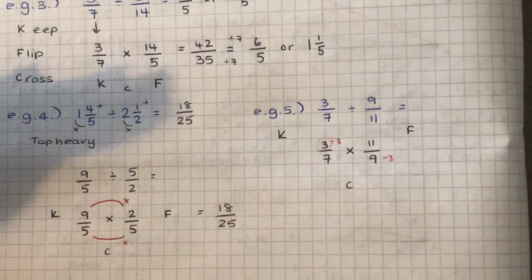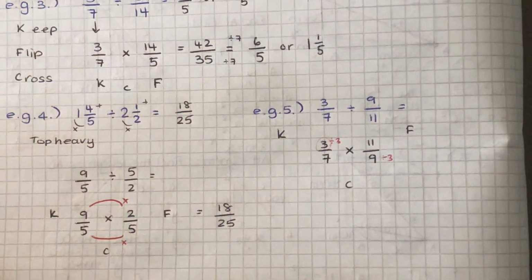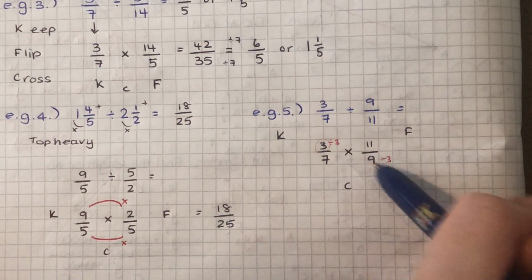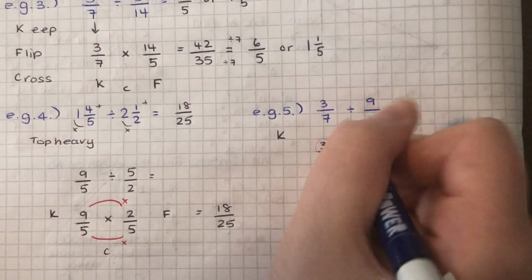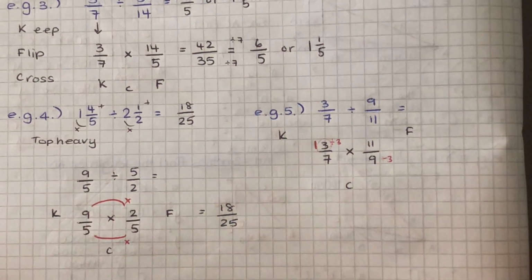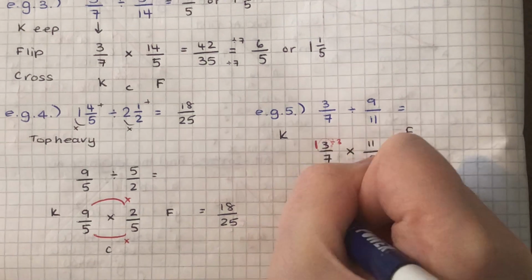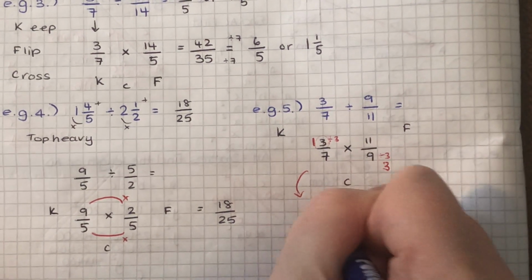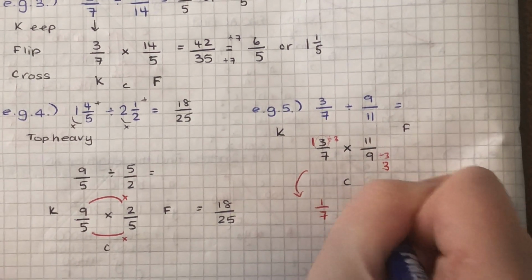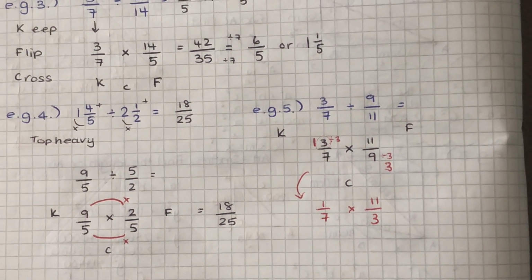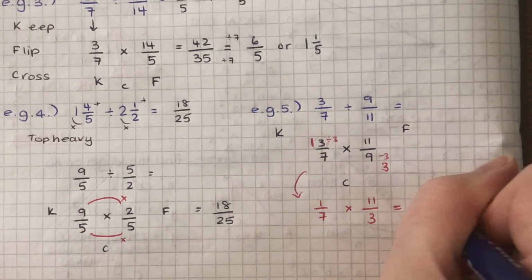So you can do one thing to the top and the bottom, which is what we do when we're simplifying. Because 3 goes into both of those, if I divide them both by 3, I'll now have 1 there, and I'll now have a 3 there instead. So the new fractions will actually now be this, and then you can multiply it like normal.